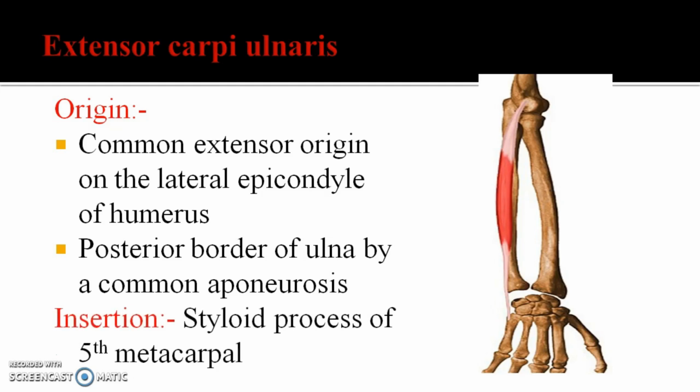That's why we call it ulnaris muscle. The insertion is happening in the styloid process of the fifth metacarpal bone, on the ulnar side near the little finger, near its base.